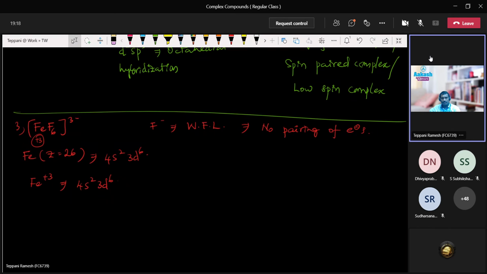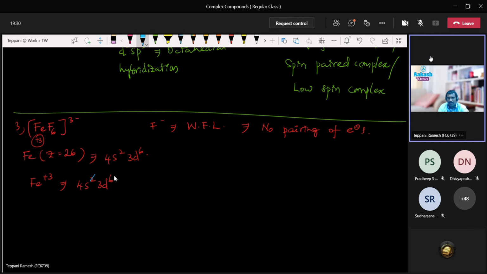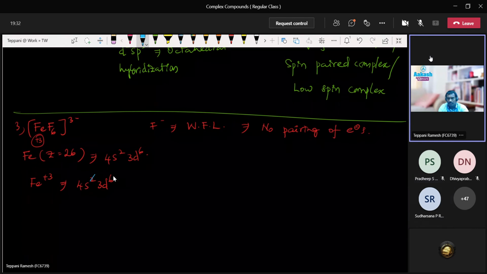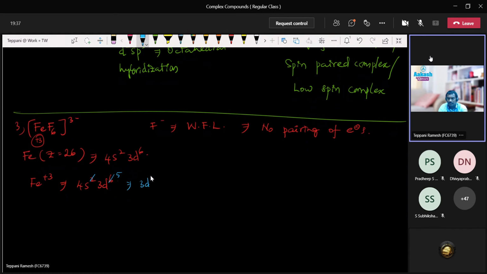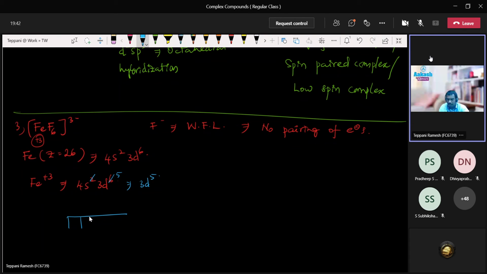Pairing? Yes, sir. So first we have to remove electrons from 4s, then 3d. Screen shared or not? Yes, sir. So it becomes 3d5. 3d5 means how you will write: 1, 2, 3, 4, 5. 4s.